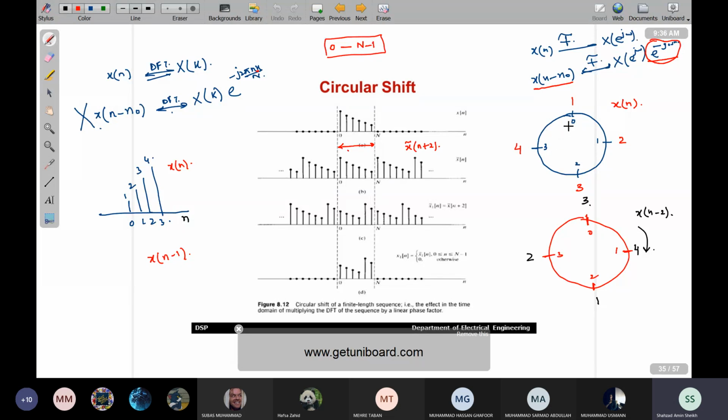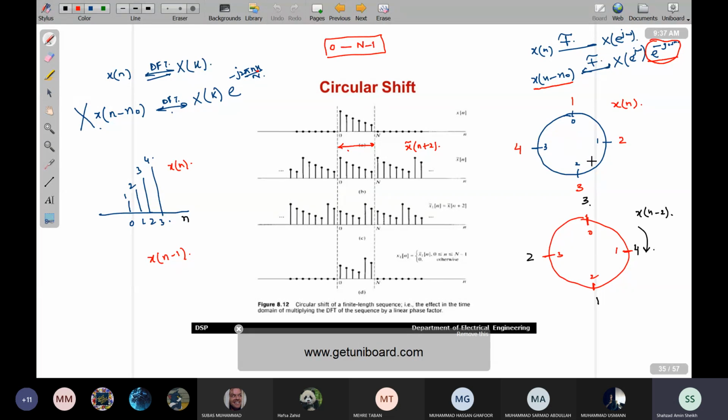Suppose this is a sequence 1 2 3 4, मेरे पास एक sequence है 0 1 2 3. These are the indices जो अंदर पड़े हुए हैं सर्कल के, और 1 2 3 4 ये मेरे पास x of n पड़ा हुआ है. फाइनाइट लेंथ सीक्वेंस है, बट आई एम कंसीडरिंग by virtue of its relationship with discrete Fourier series, I'm considering, suppose that it was a periodic sequence, and now that periodicity is bringing in this circular concept.